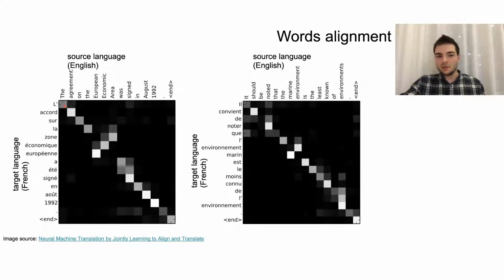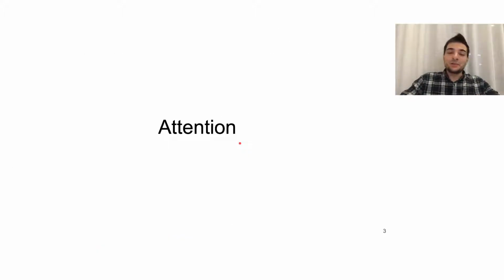The first word is mostly focusing on the Z, agreement, accord, on, sur, the, la, I don't speak French. European economic area, actually European, but it's in a different position, but it doesn't matter right now because attention is able to attend to all the positions at the same moment. Actually, it can understand that different words are somehow connected to this particular word. Really hard to read it.